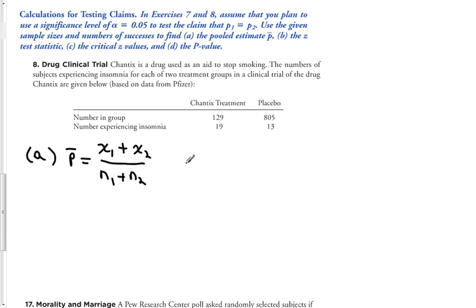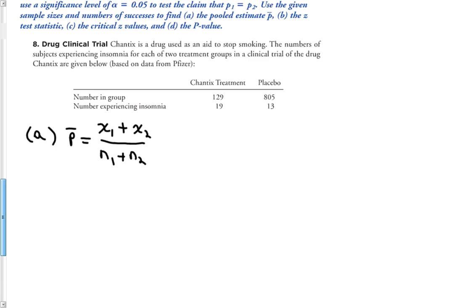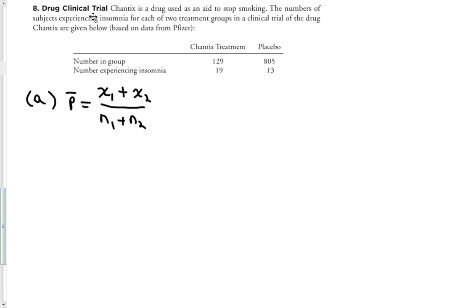So what we need to do is identify the x's and the n's. We need to identify the number of successes and the number of trials for each sample. So let's move this down a little bit here. All right, so let's see.